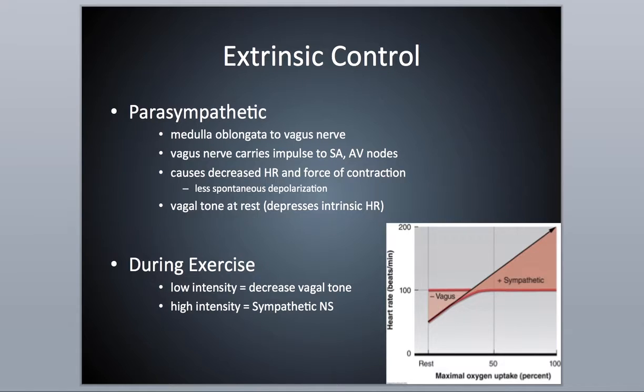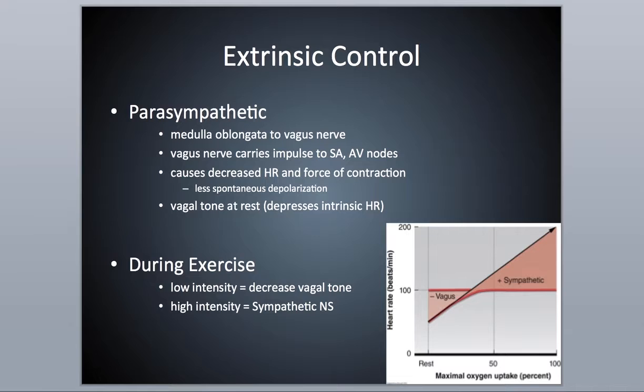Now, during low intensity exercise, much of the increase in heart rate up to that intrinsic level, which is about 100 beats per minute, isn't necessarily due to the sympathetic response, that fight or flight response. It's going to be due to just simply taking away that parasympathetic response.